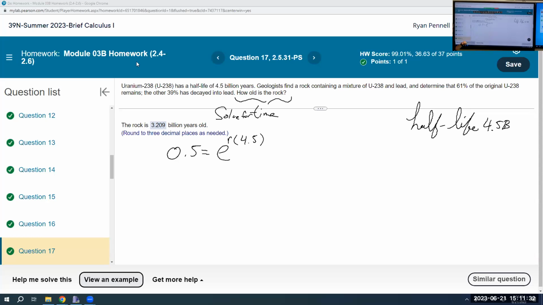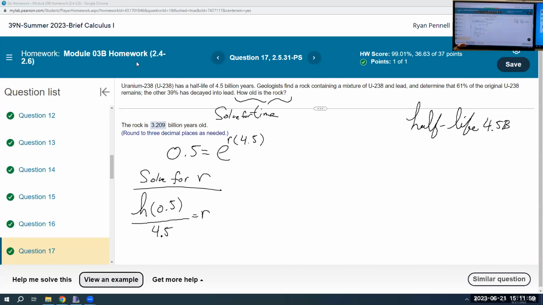That makes sense? So I'll solve for r. That's natural logarithm of 0.5 over 4.5, and that should give me r.